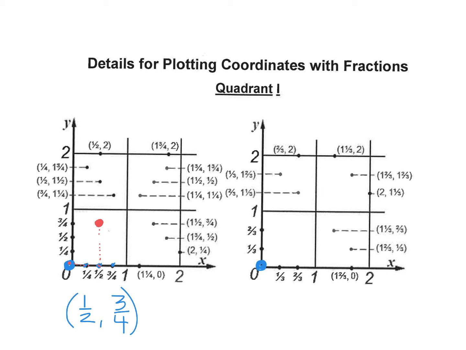If it is 1, 1.5, I would go over to 1, up to, here's 1, but I need to go up to 1.5. It would be right on the line because that's 1, but then 1.5 would be in between these two lines right here. So if we have fractions and it's not spaced out by fractions, then it's going to be either in the middle of a line or the middle of a box.